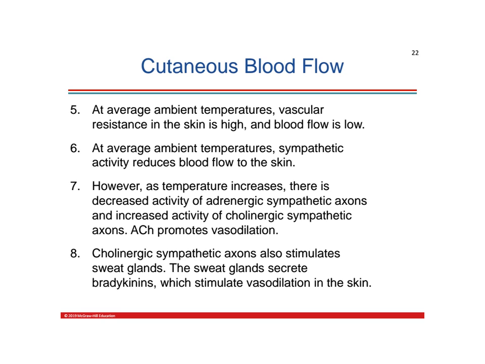So that's, of course, good because you now have a layer of sweat on the body, and you have evaporative cooling. The molecules of water in the sweat that have the highest amount of energy leave the body, and as they leave, they take heat away from the body. The sweat glands secrete bradykinins, which stimulates vasodilation of the skin also.